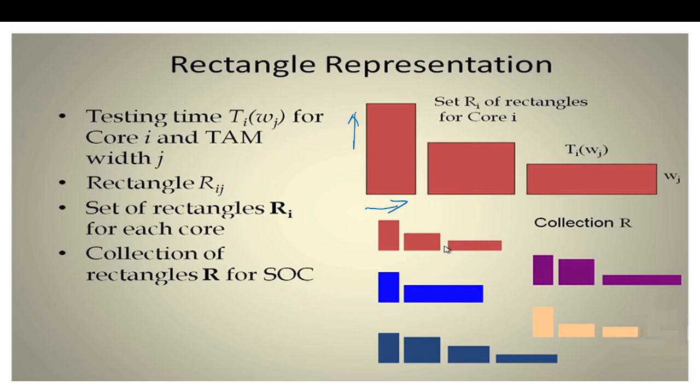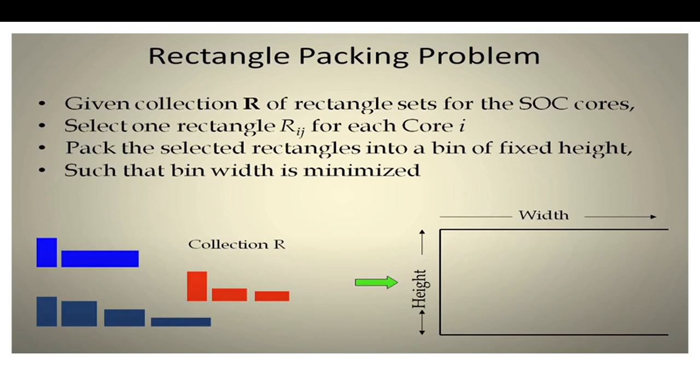So for one particular core, we can have this much width, this much time, this much width, this much time, this much width, this much time. So multiple rectangles. Similarly for the complete collection of cores, we have the set of rectangles. This we will use, and now it is converted to the rectangle packing problem. Previously it was a bin packing problem, now a rectangle packing problem.